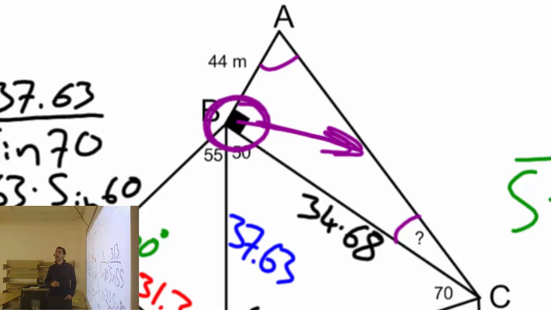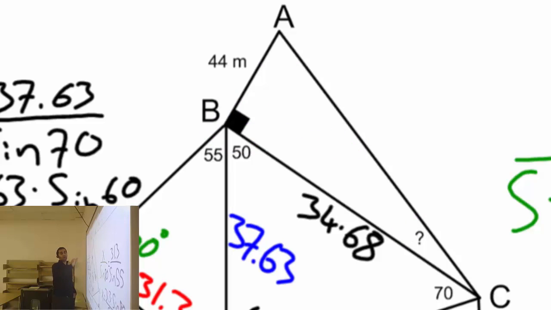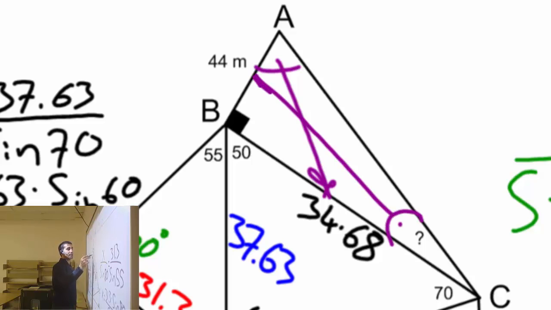So, I cannot use the sine law here. This angle I don't know, but I do know the side. That angle I don't know, but I do know the side. This angle I know, but I do not know the side. So I need this side.